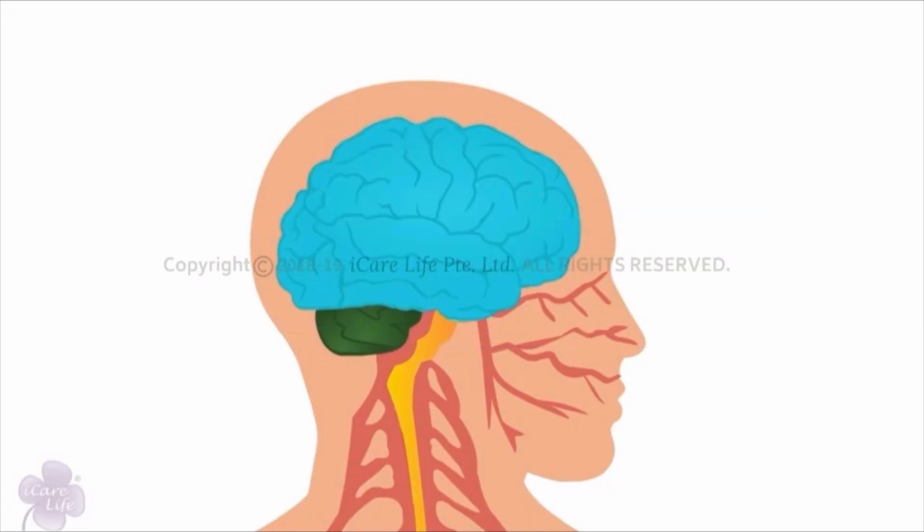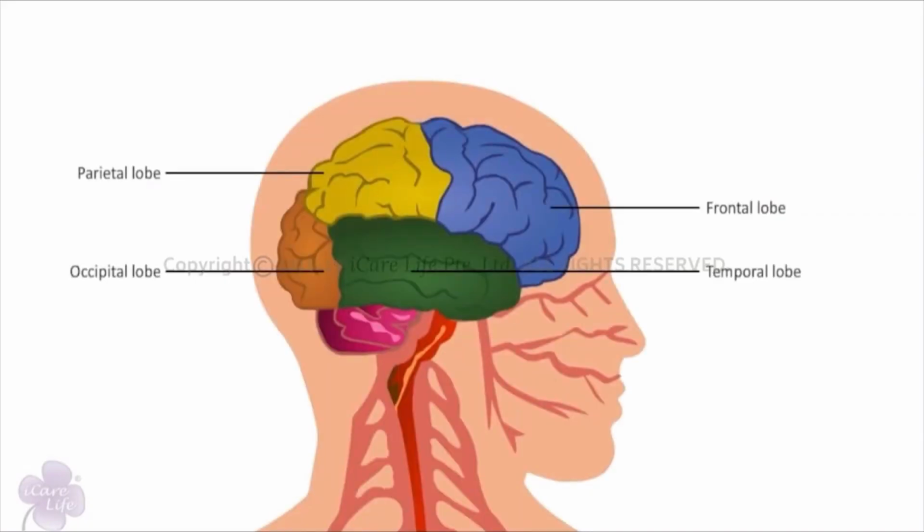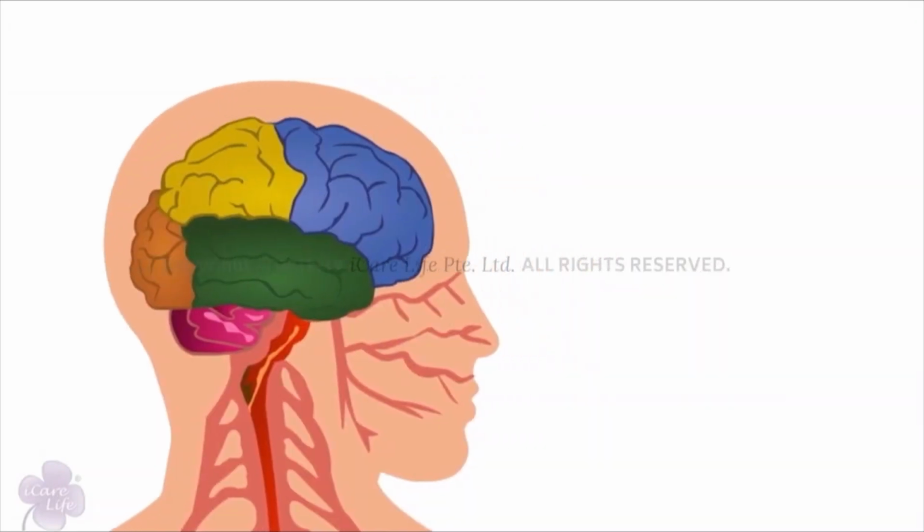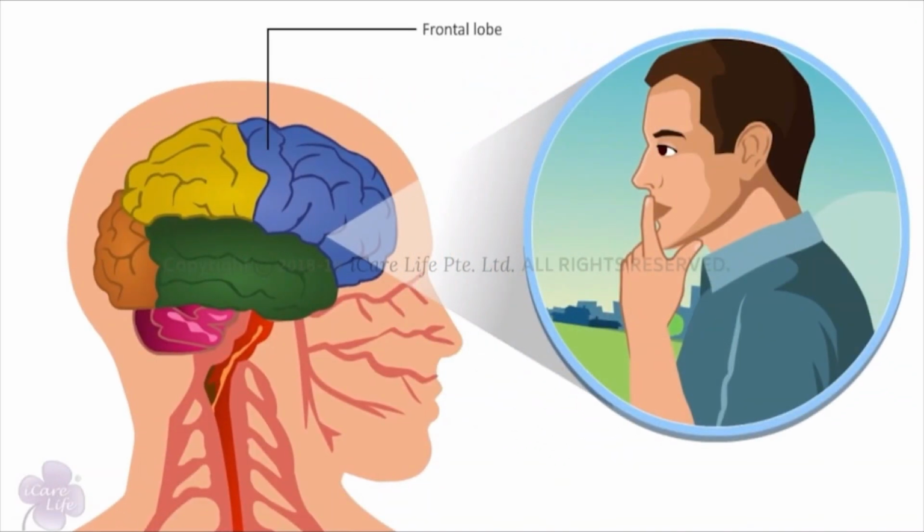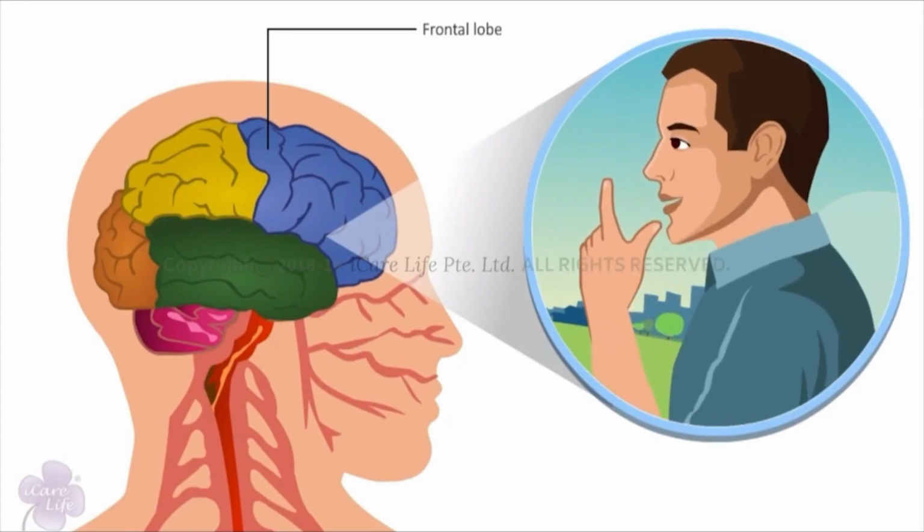Cerebrum, or the forebrain, has a wrinkled surface and fills most of the skull. Cerebrum can be further divided into four lobes. The frontal lobe controls our thinking and decision-making and shapes our personality.